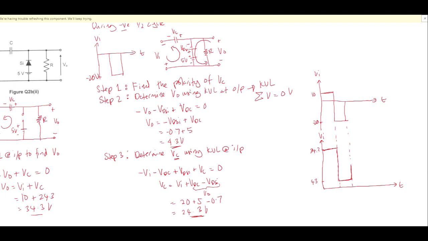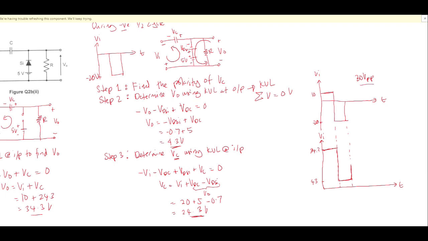But the peak to peak voltage of the waveform is supposed to be the same. Here 10 plus 20, you get 30 volt peak to peak. From this peak to this peak must be 30 volt.